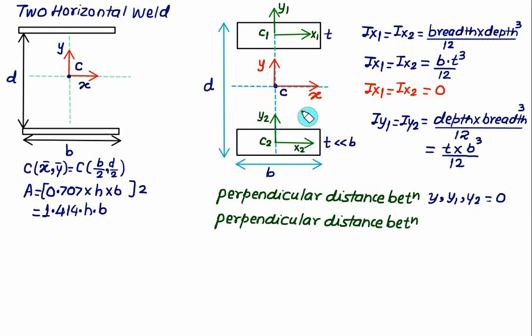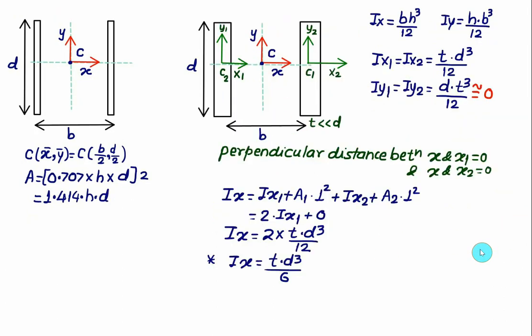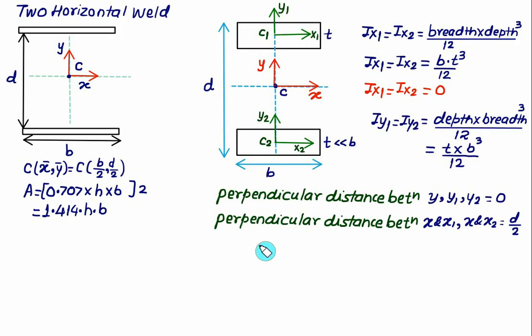And the perpendicular distance between x and x1, and x and x2, is equal to d by 2, because we have a symmetrical figure. So this distance is sufficiently large as compared to the previous case. So we neglected it in the previous case and we have considered it in this case.